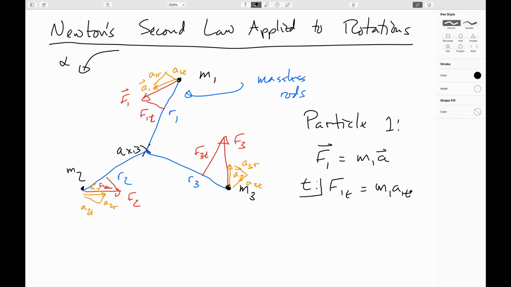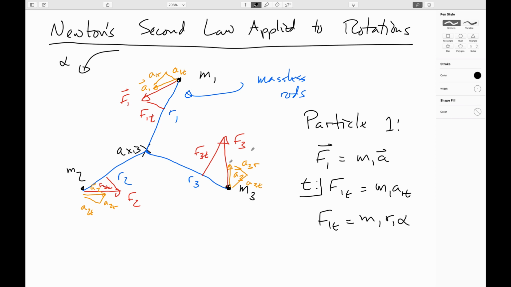And we remember from our explorations of angular acceleration that A1 tangential is equal to R times alpha, where R here, R1, is the distance from the axis to the mass. So this particular mass is going around in a circle like that.